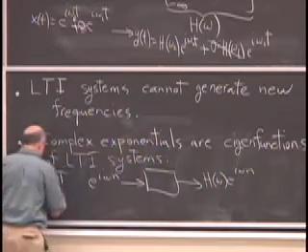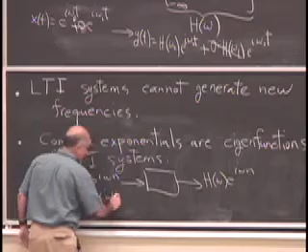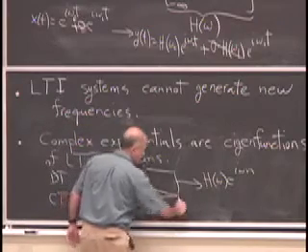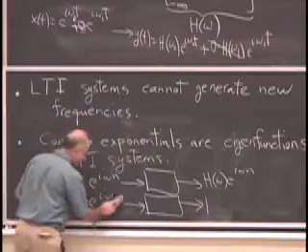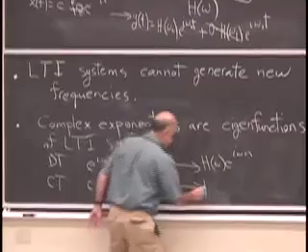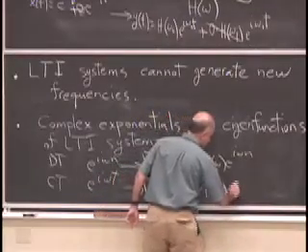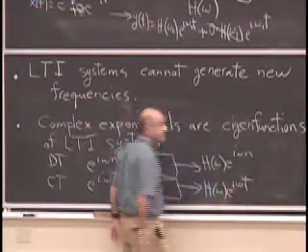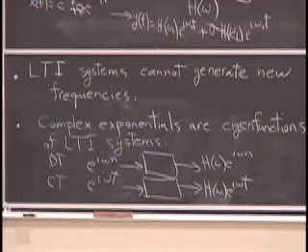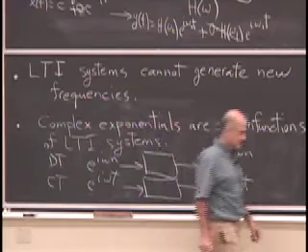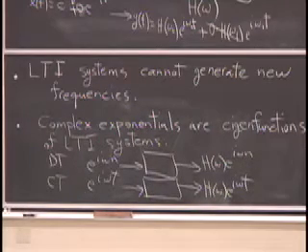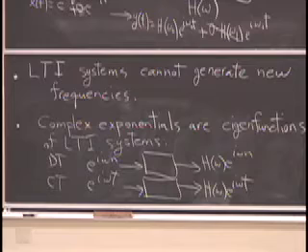And in continuous time, e to the i omega t goes in, H of omega e to the i omega t comes out. That's what we mean. Okay? Now, I want to highlight one major distinction between frequency responses of discrete time LTI systems and continuous time LTI systems.